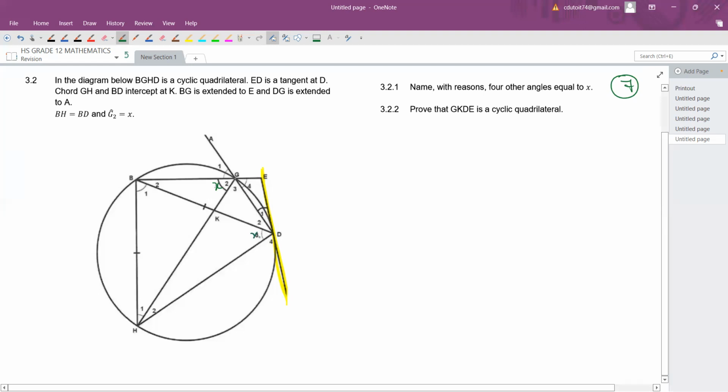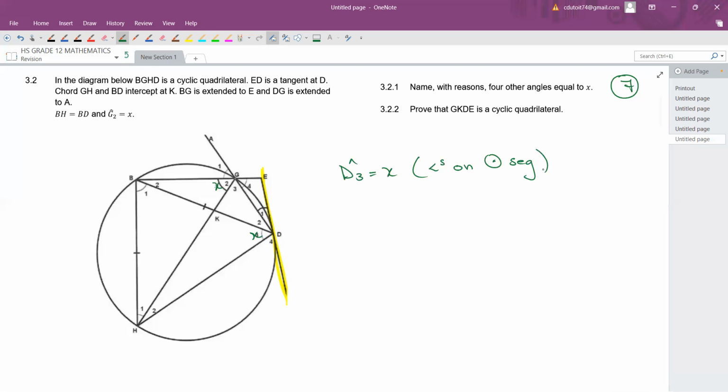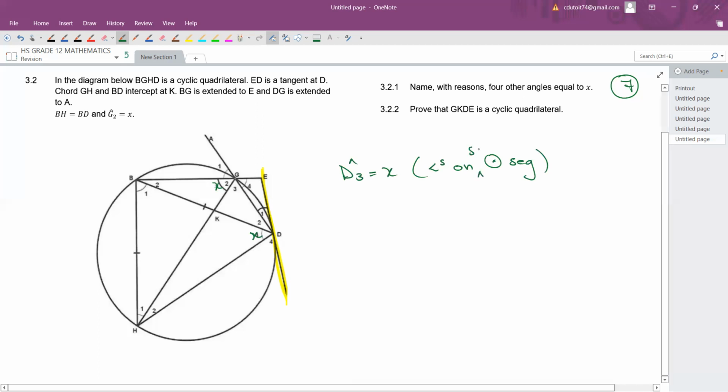What about D3? D3 is X, and it's angles on circle segment. Do you use circle segment or same circle segment? Same.